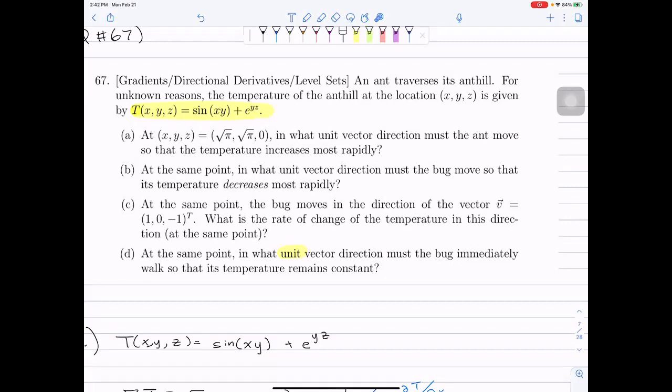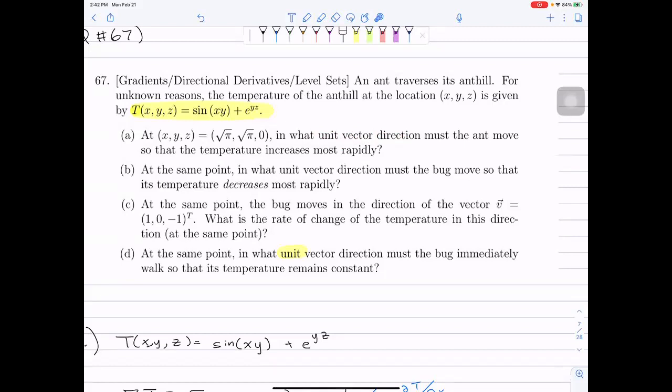Wait, so I'm just kind of confused. What's the answer to this one? So the answer to part A, it's asking in what unit vector direction. The unit vector direction is this vector, and it's a unit vector because the length of this is 1.